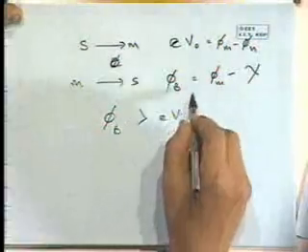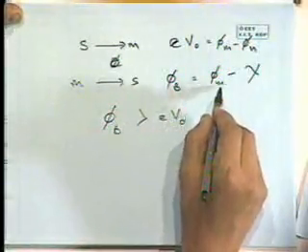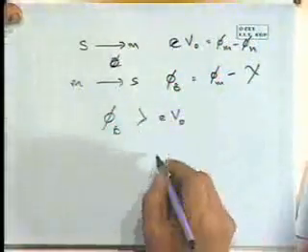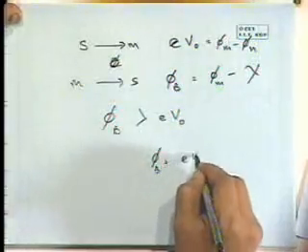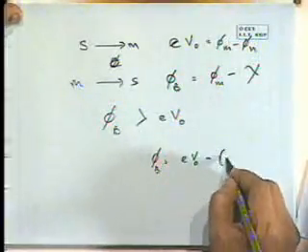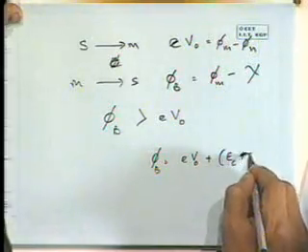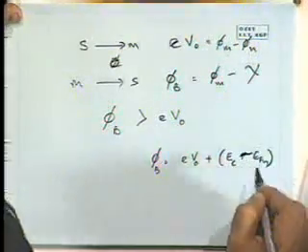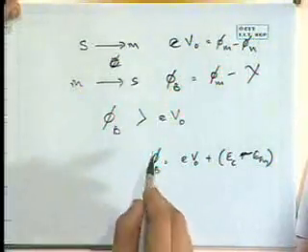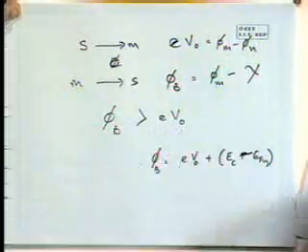So we can also write phi b in terms of the EV naught. Phi b is equal to EV naught plus EC minus EFN. That is the amount by which phi b is greater than EV naught.